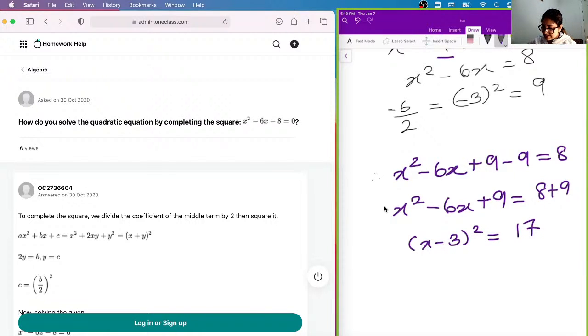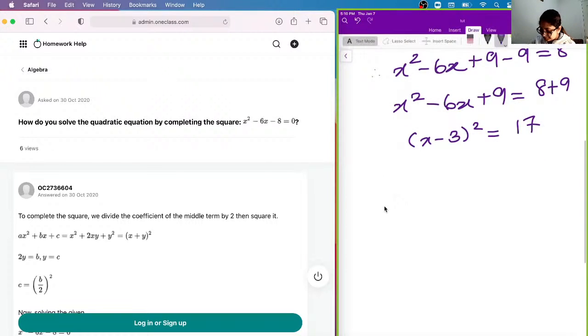And so the last step is to solve for x. Since it's being squared, we would want to square root it to cancel out the square, and we would do that on both sides of the equation. So we would square root x minus 3, and we would square root 17 as well.